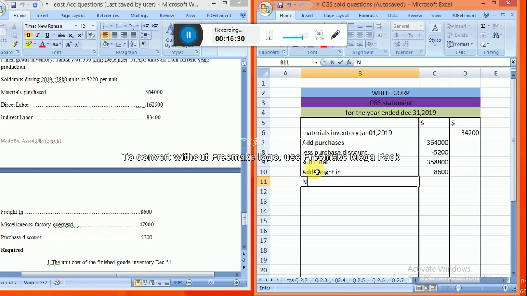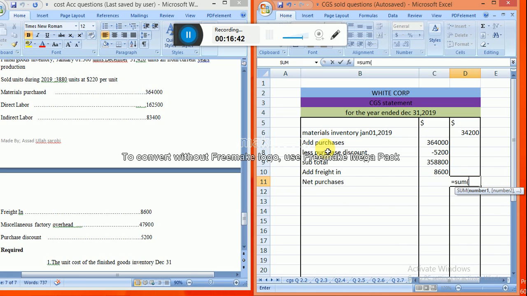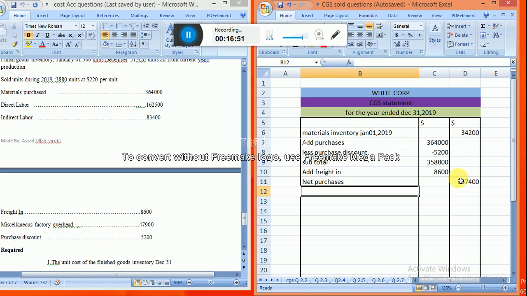So net purchases is equal to, we will add purchases plus transportation in or freight in. So our net purchases now are 3,67,400.